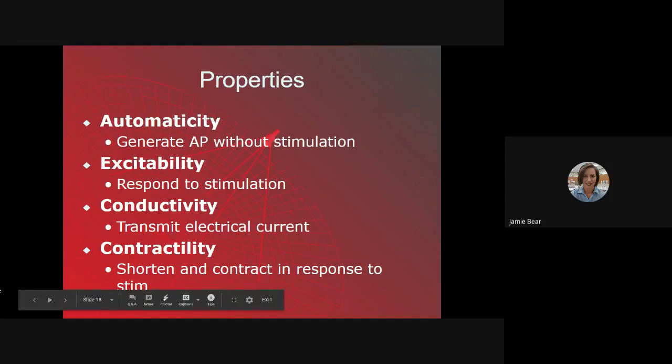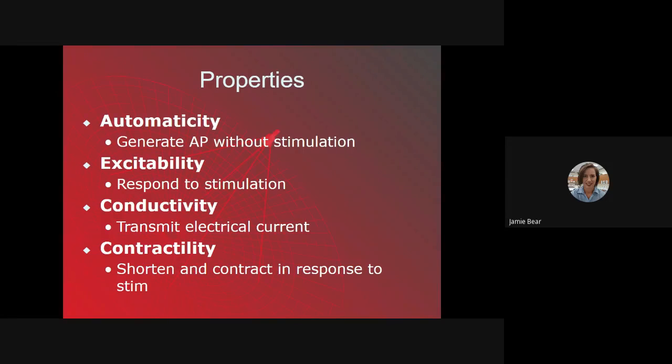So what's so special about these cardiac cells is they have these different properties, such as automaticity, so they can generate the action potential without stimulation. They have excitability, so they can respond to stimulation. They have conductivity, so they can transmit their electrical currents, and contractility, to shorten and contract in response to stimulation.